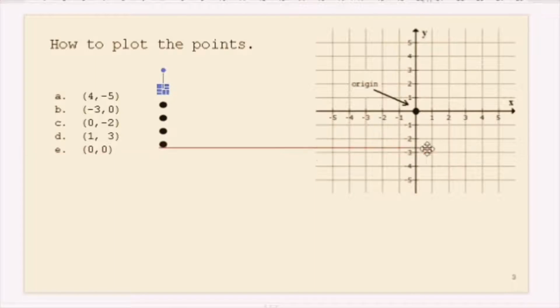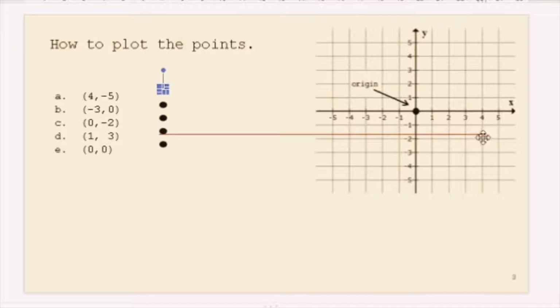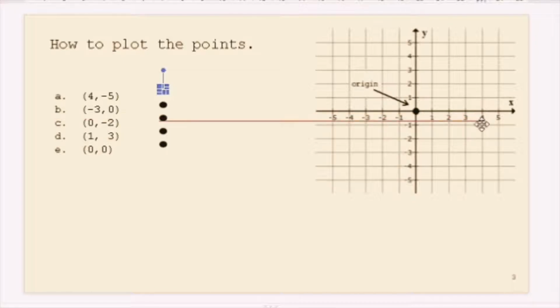Kung ito yung y-axis, pupunta tayo dito sa may 4. Tapos yung negative 5 naman, yung ordinate natin. So, we go down to negative 5 para yung point na yun, ilalagay natin siya kung saan magtatagpo yung 4 tapos negative 5. Basta tatandaan nyo lang na yung nauna, laging yung horizontal, nasa may x-axis.